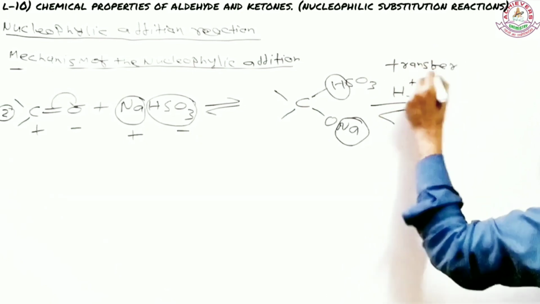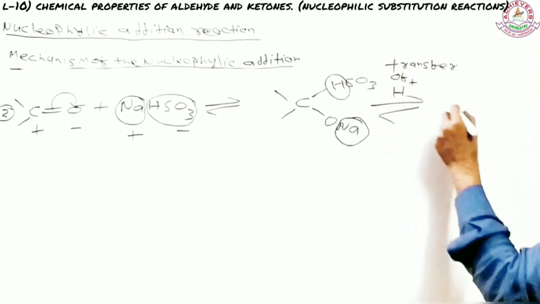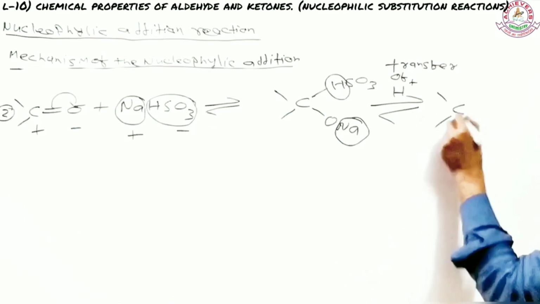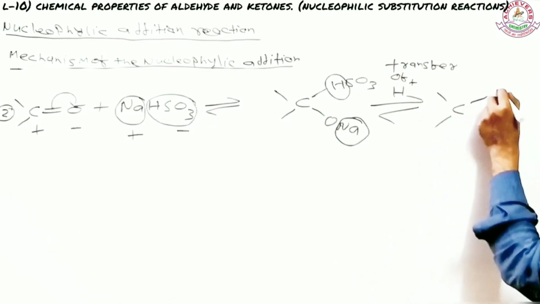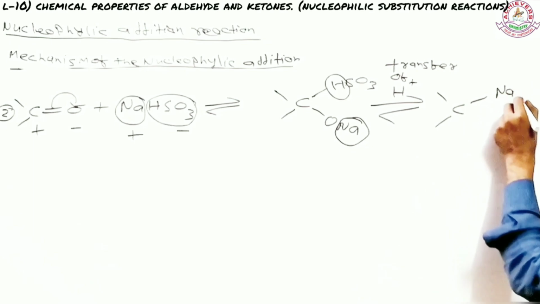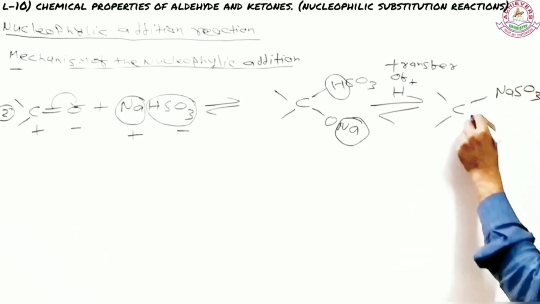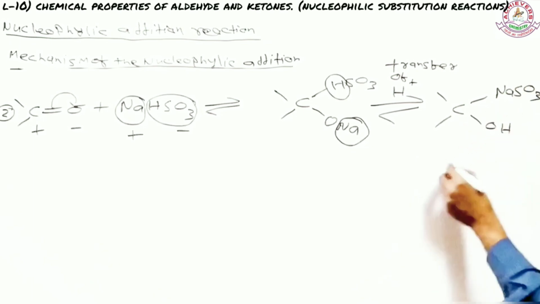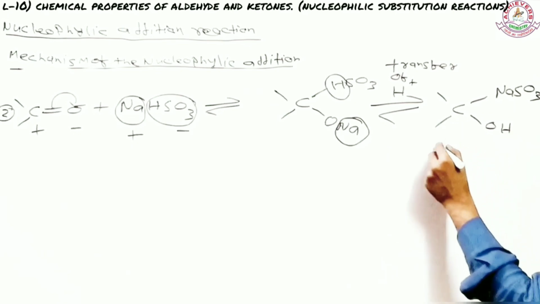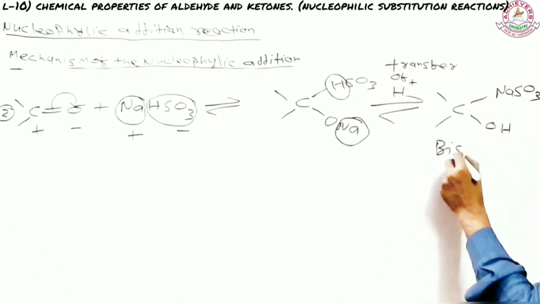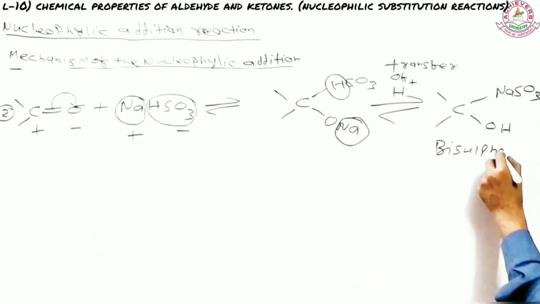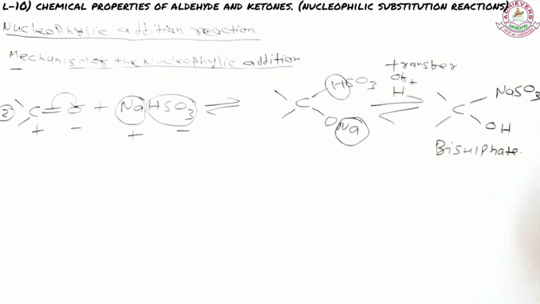So this is the kind of product that is formed: SO3Na, and there you have OH. This also forms a bisulfite adduct. So this is the second example I could take.